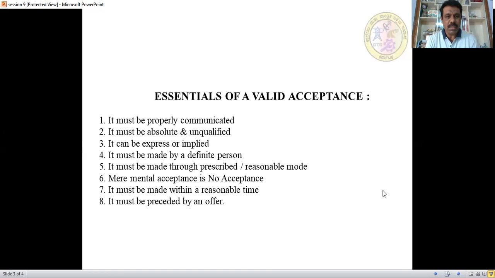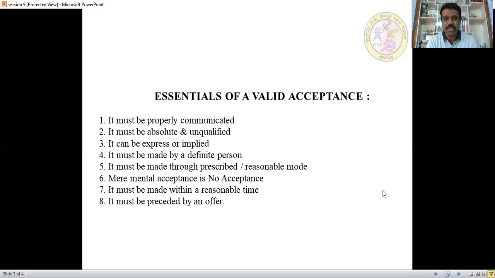Then the third essential is that it can be expressed or implied. The communication of acceptance can be in writing or may not be in writing. If it is in writing or in spoken words, it is considered an express acceptance.